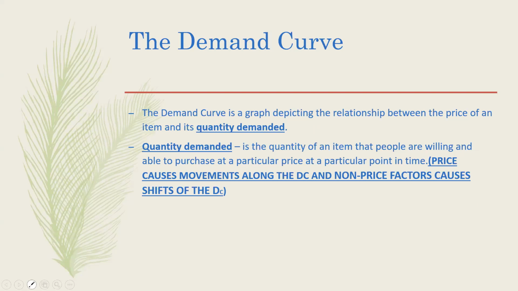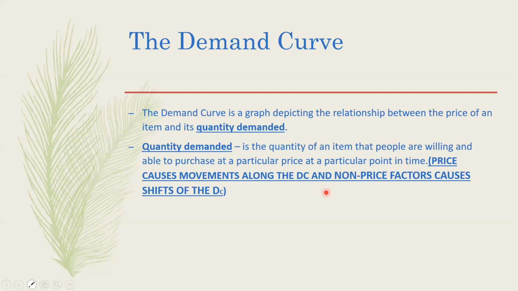All right, so let me just explain this second point. We have quantity demanded. As we just saw on the whiteboard, when my price increased from $5 to $10, my quantity demanded decreased. Because price moved from $5 to $10, there is a movement along the demand curve, because price causes the movement.